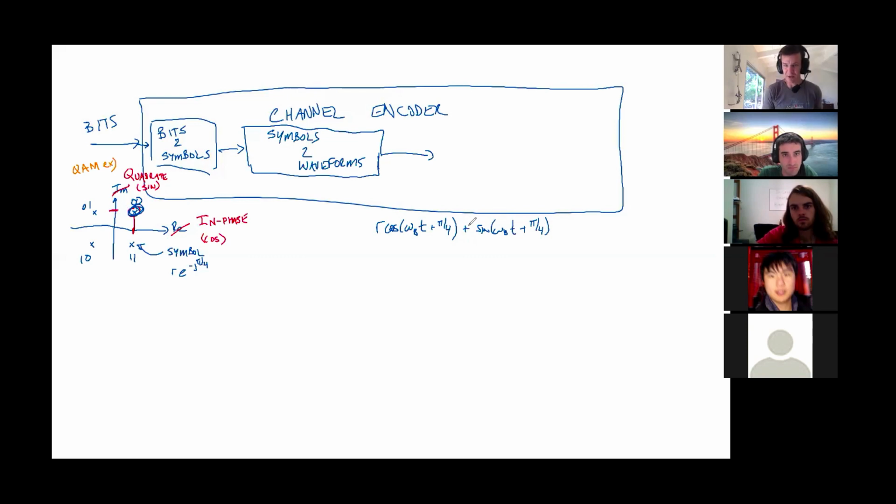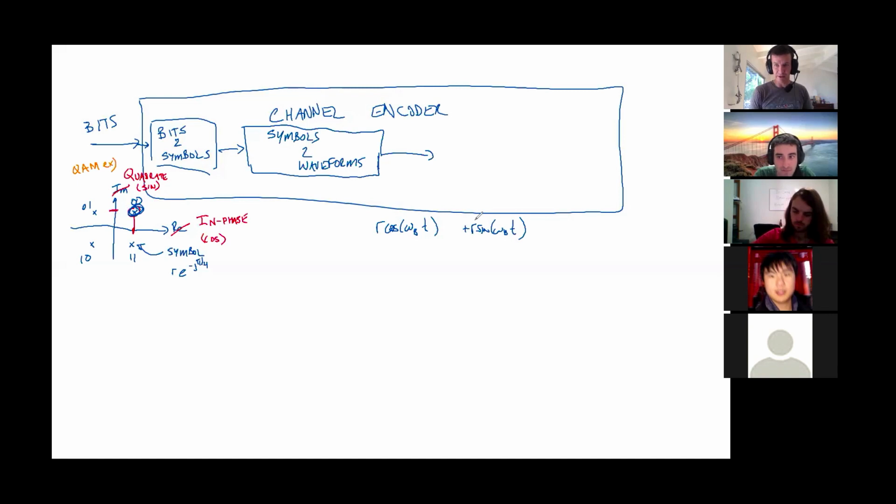Okay, so I picked QAM because it's kind of the most obvious. If I have a symbol in the first quadrant here, then that is a positive amount of cosine and it's a positive amount of sine. And those phases are wrong, I'm sorry. These are pure sines and cosines. That's actually one of the benefits. Plus R sine, okay.